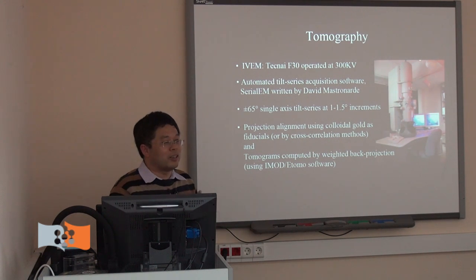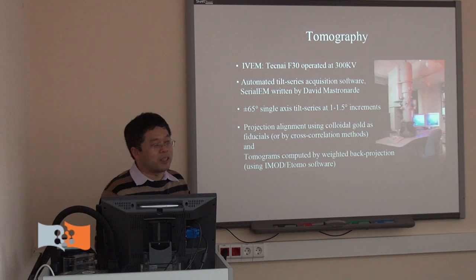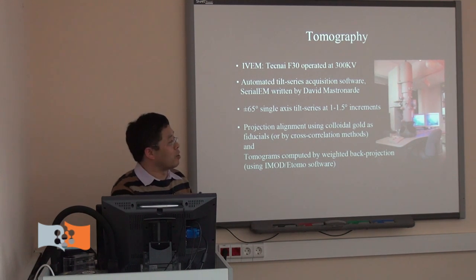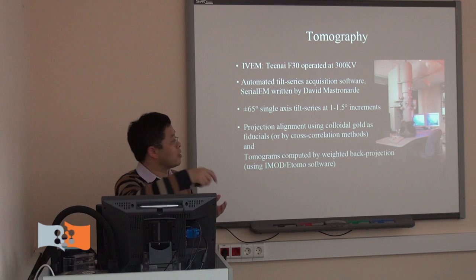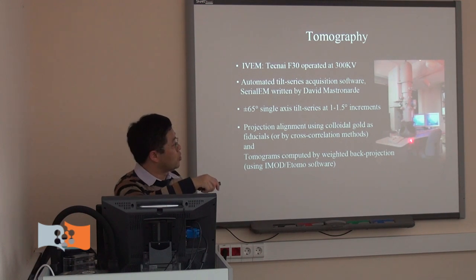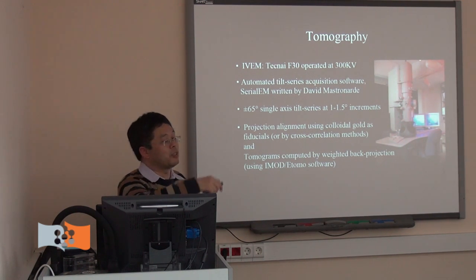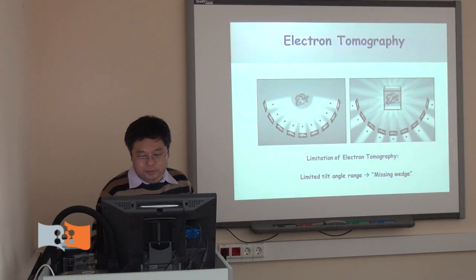But the real application of this technology has become useful only recently, maybe 5 to 7 years ago, because of a lot of development in software control and also in the EM device.